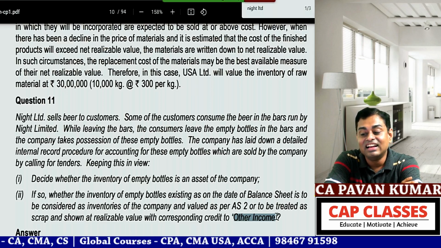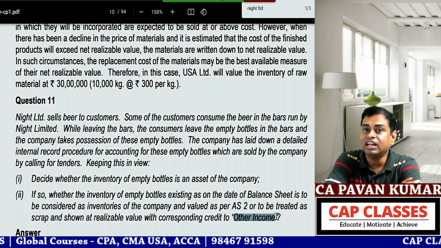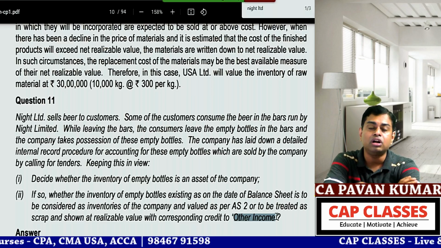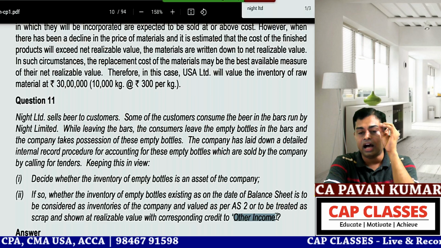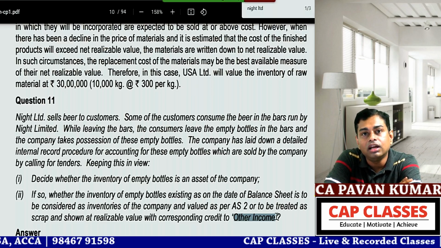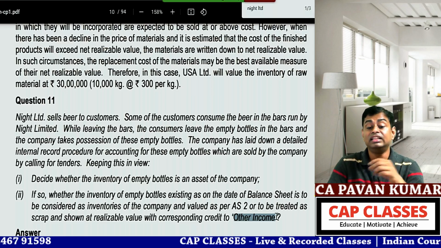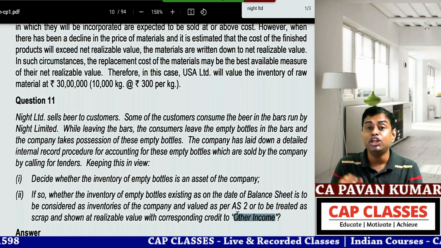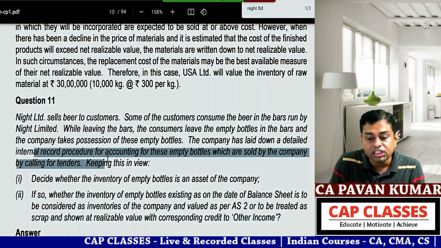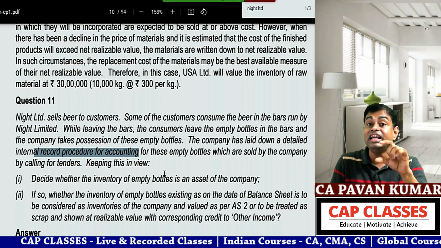Okay. The answer is the empty bottles in the hands of the company are not scrap. It is not other income. Accounting Standard 2 should be followed. 100 out of 100 students will write other income, scrap. Gone. 6 marks gone. Sir, why is Accounting Standard 2 to be applied, sir? Simple. They have indirectly given you a hint that the company has internal control record procedures for accounting, meaning this empty bottle passed the materiality test.